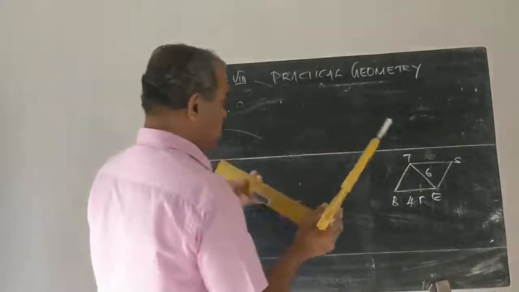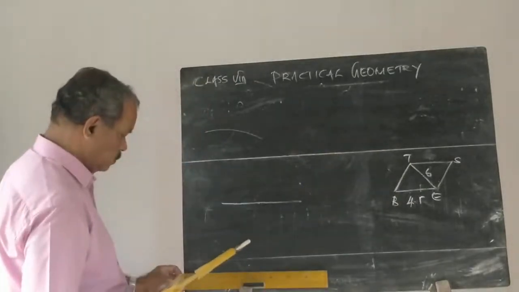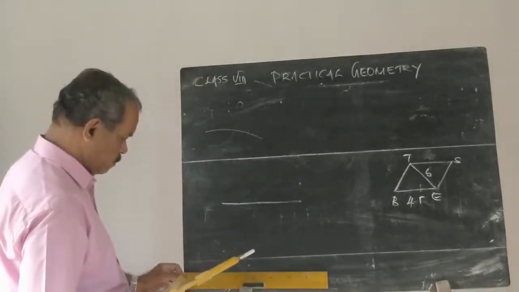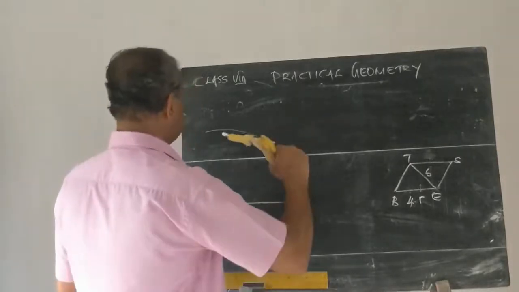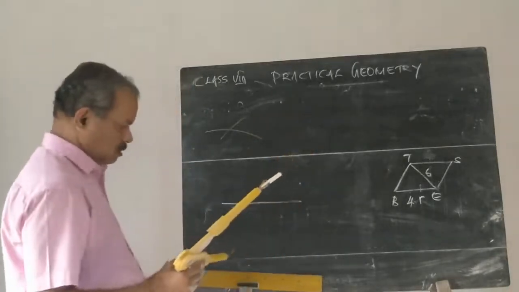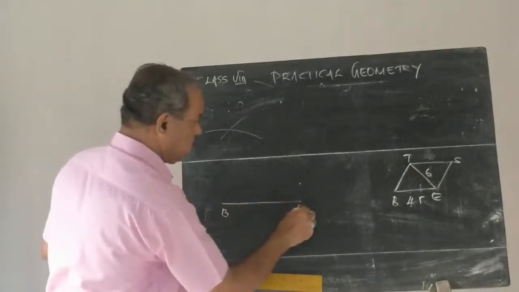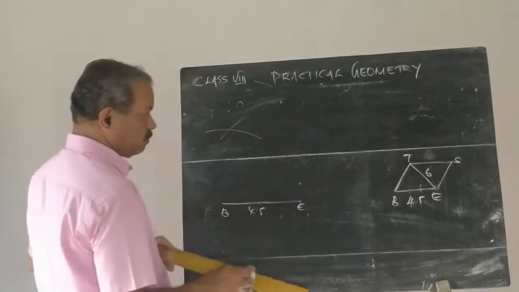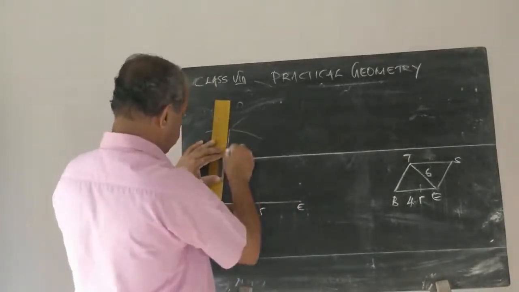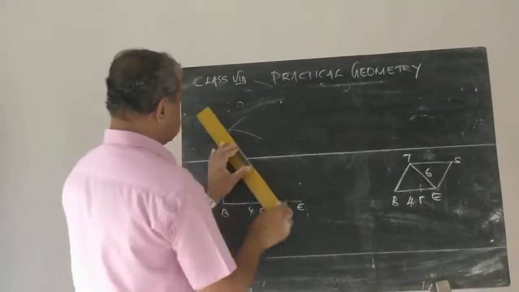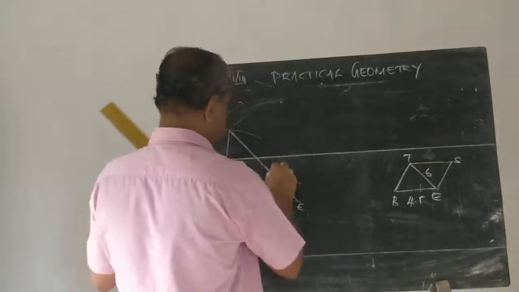So measure from E and draw an arc of 6 centimeters. BE is 4.5, the same 4.5, and the diagonal 6 centimeters.